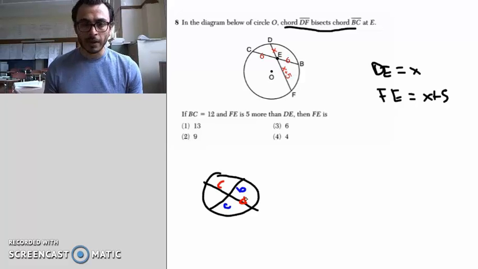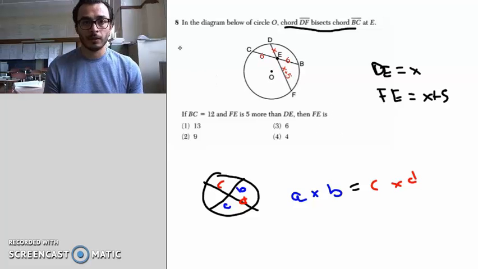I hope you remember that A times B equals C times D. And that's what we're going to do here. We're going to go ahead and do X times X plus 5 equals 6 times 6, which is 36.